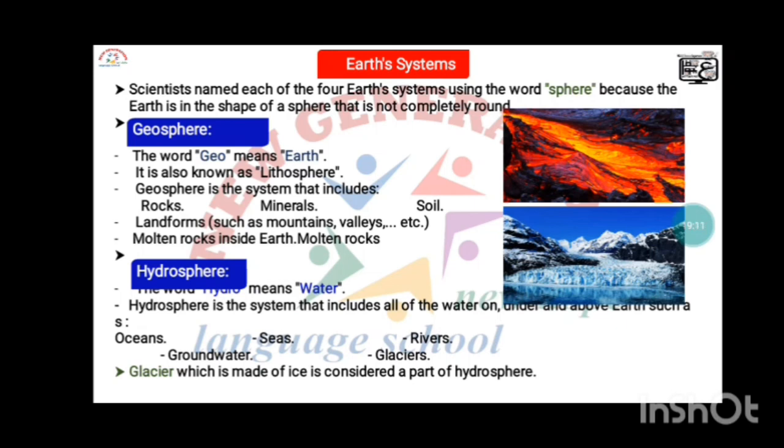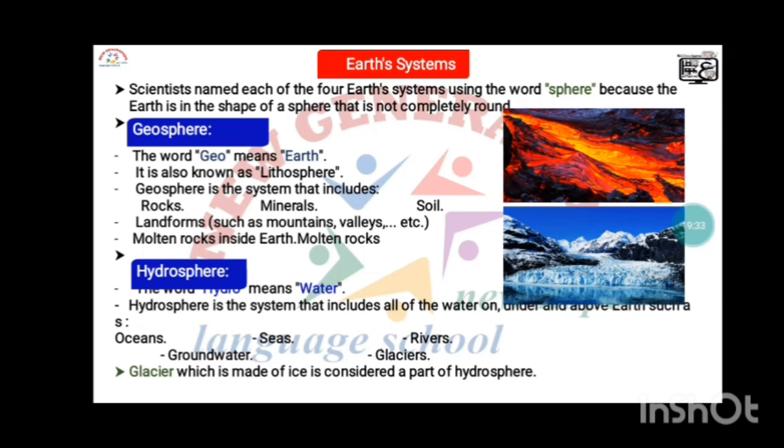Let's talk about hydrosphere. The word hydro means water. Hydrosphere is the system that includes all water on Earth, such as oceans, seas, rivers, glaciers, or groundwater.